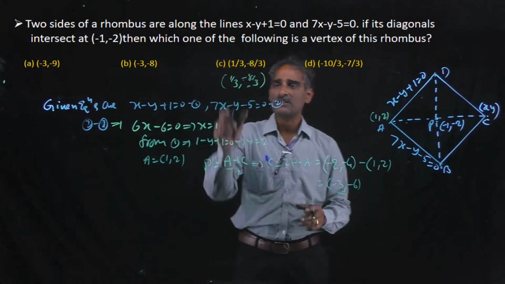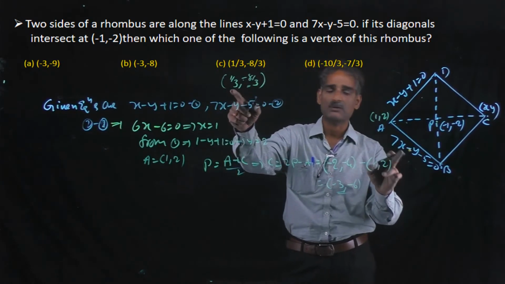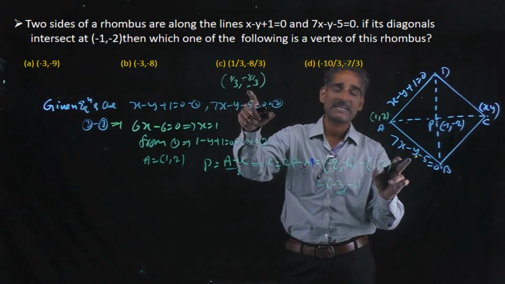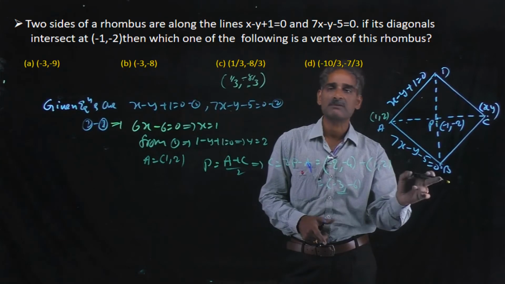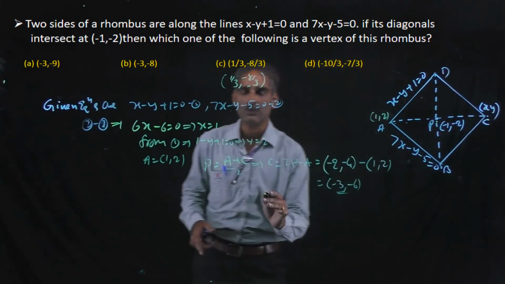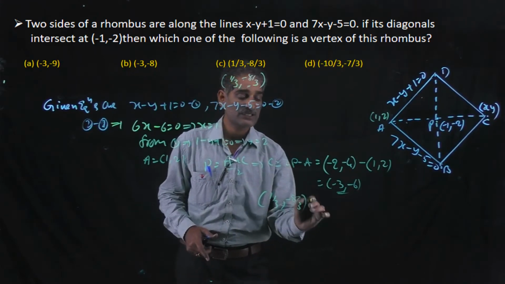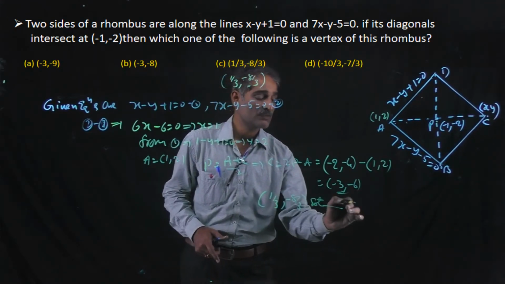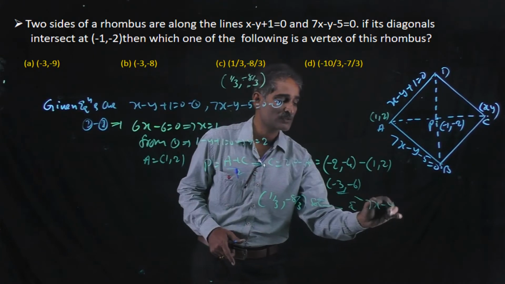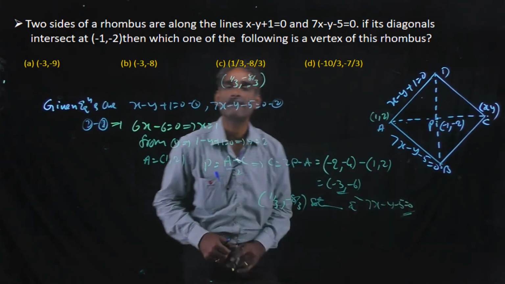So now just observe this point in this equation. 7 by 3 plus 8 by 3, 15 by 3, satisfying this equation. Therefore, 1 by 3 comma minus 8 by 3 is the required point. This is satisfying the equation 7x minus y minus 5 equal to 0.